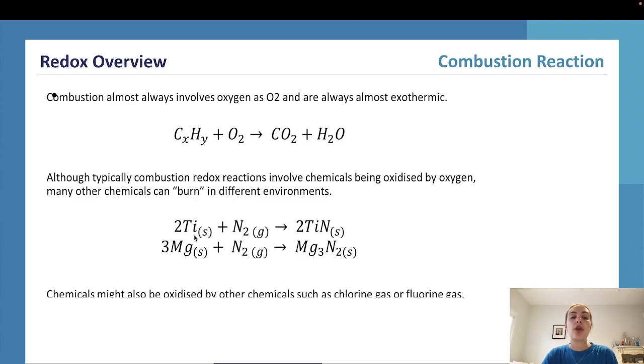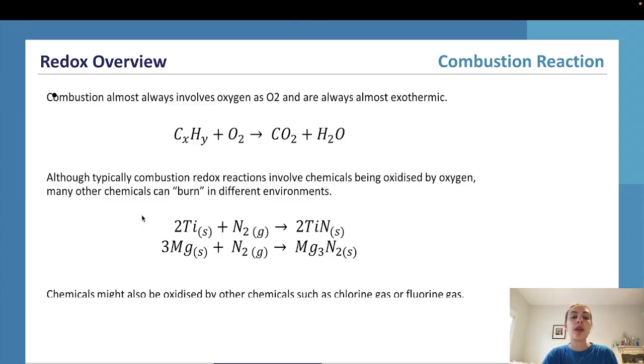So for example, we've got 2Ti plus N2 makes 2TiN, so that's a combustion reaction that doesn't have that typical appearance of carbon dioxide plus water. And then similarly, we've got 3 magnesium plus nitrogen makes magnesium nitride. With these reactions, you wouldn't be expected to know that they're a combustion reaction.